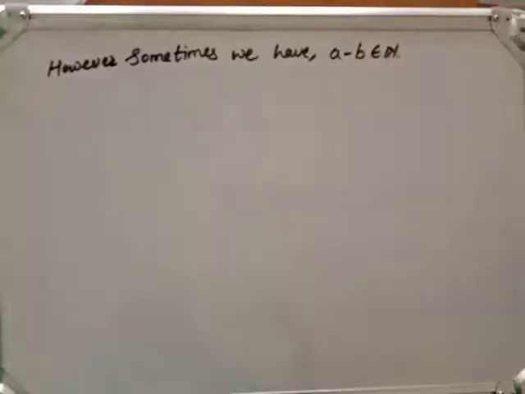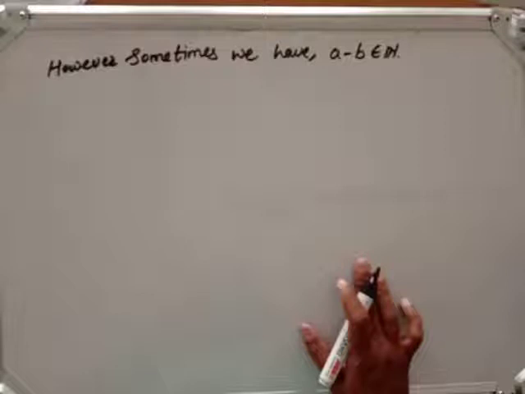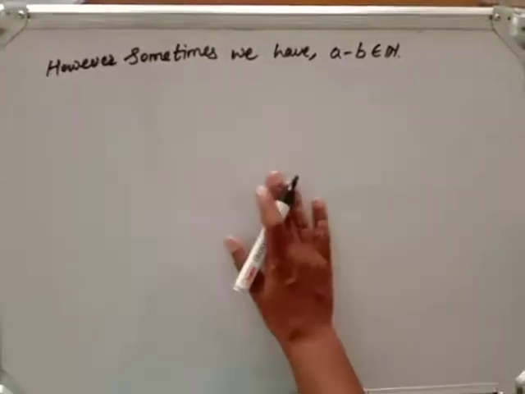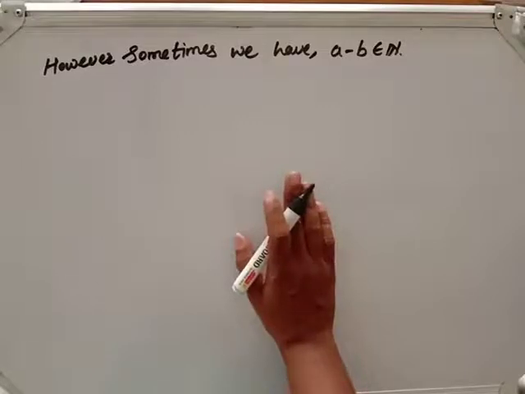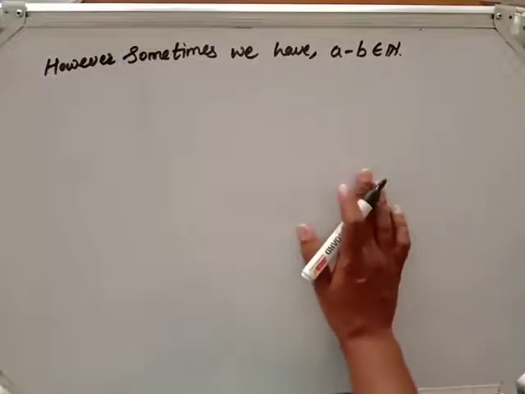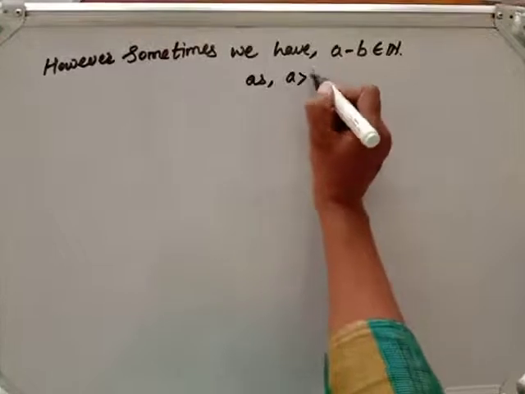The subtraction is some natural number. It may happen sometimes, but not always. Now, as this happens, it gives birth to another thing, the order relation. When does this happen? We haven't gone into that yet, as this will happen when a is greater than b.